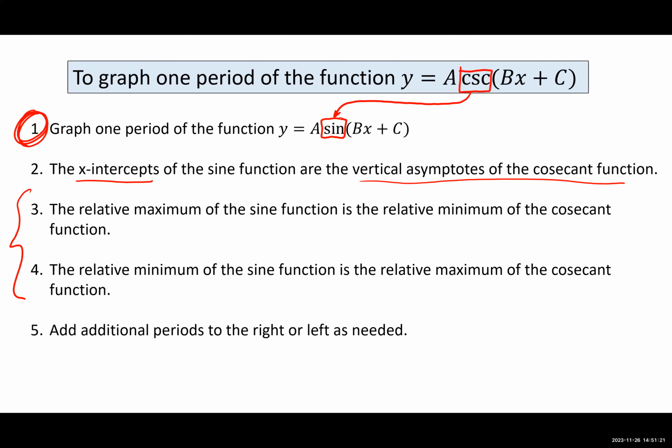So when you graph the sine and the cosine, the x-intercepts become asymptotes. Maximums become minimums, and minimums become maximums. And once you have all of that, then you're able to graph any version, any transformation of either the cosecant function or the secant function.